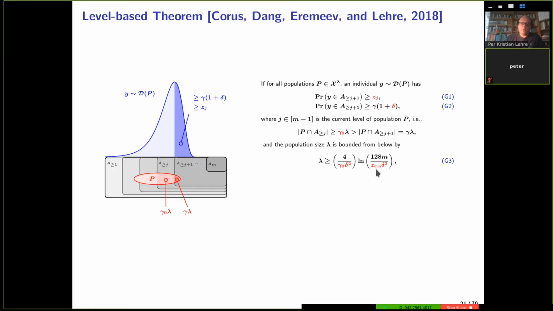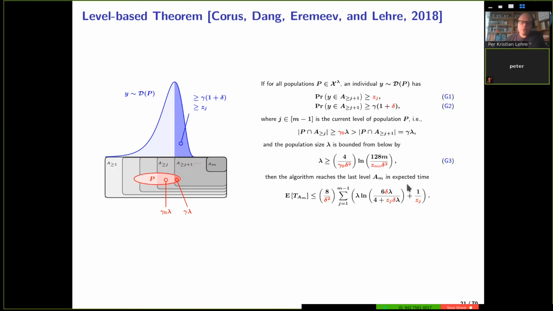And it depends on z min, which is the smallest of these upgrade probabilities here. Okay, in typical applications, gamma naught is a constant, delta is a constant, and z min is some polynomial in n. So typically it suffices to choose a population size that is some constant times log of n, the number of bits.